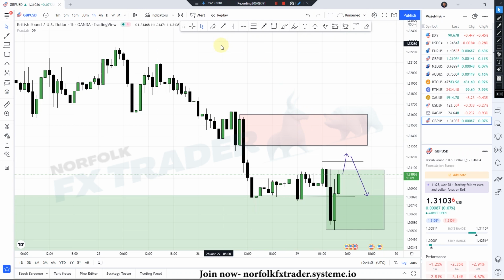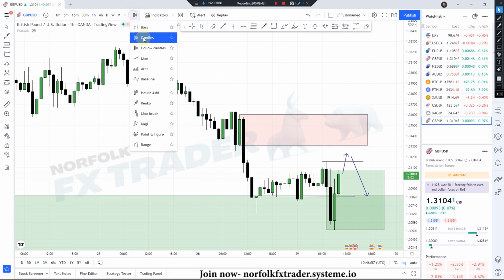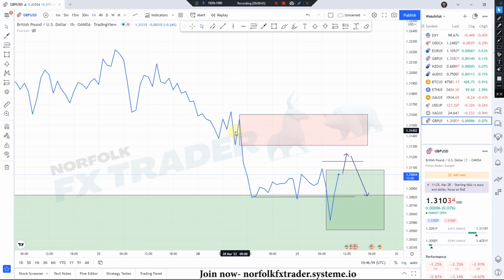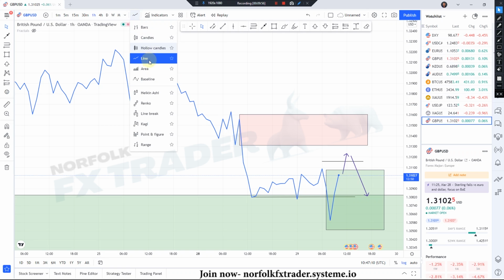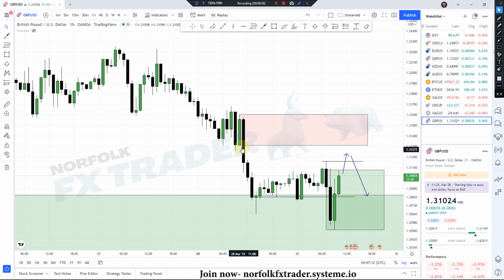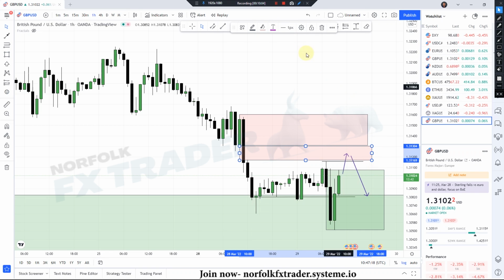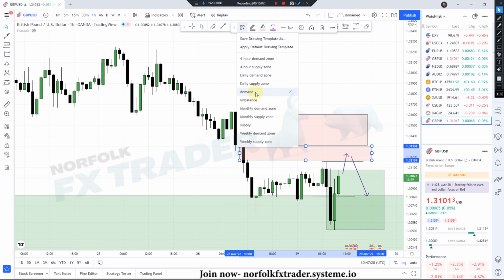Now, if we go back to the line chart quickly, what you also notice after that area was made and that consolidation, a powerful momentum move to the downside where you're most probably going to find an area of imbalance. Again, back to the candles, this is your area of imbalance, which has been left over in here, where we're going to look for price.